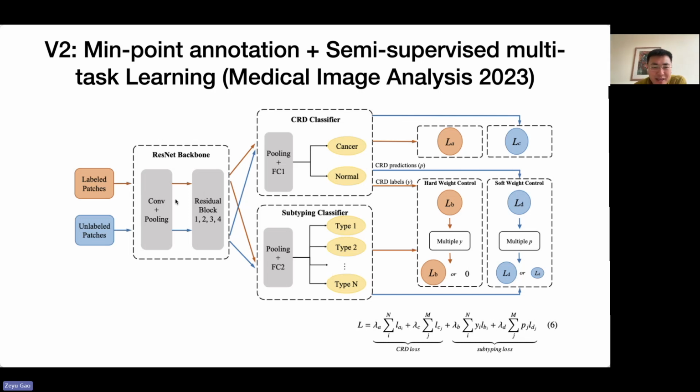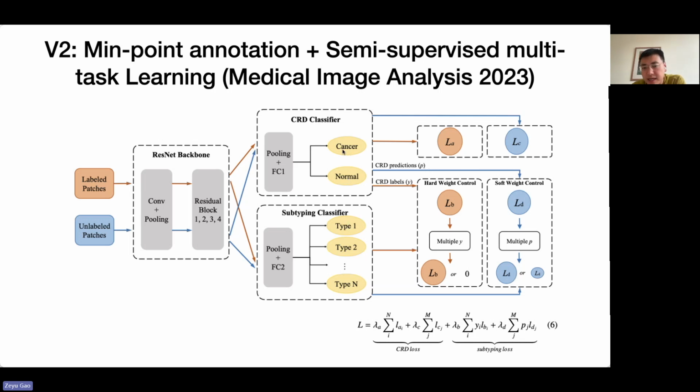Basically, after the backbone, we have patch-level embeddings. They all go through two branches. In the first branch we get cancer or normal. In the second branch we get the subtype of each patch. The main design here is that the cancer and normal probability that we predicted guides the learning of the subtype classifier.